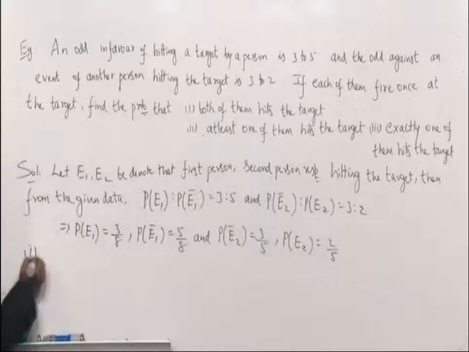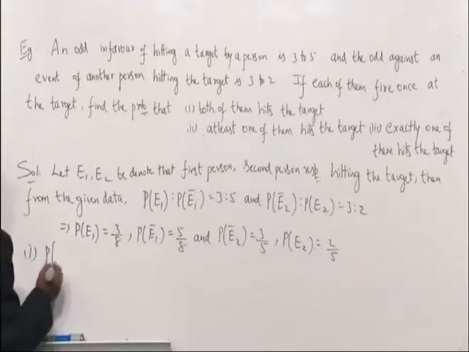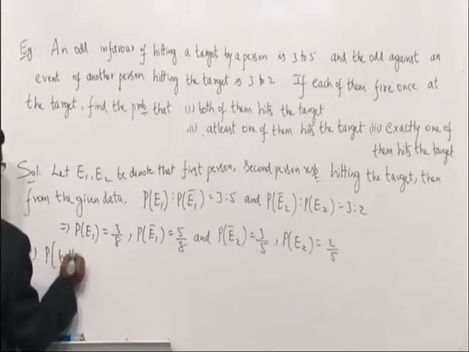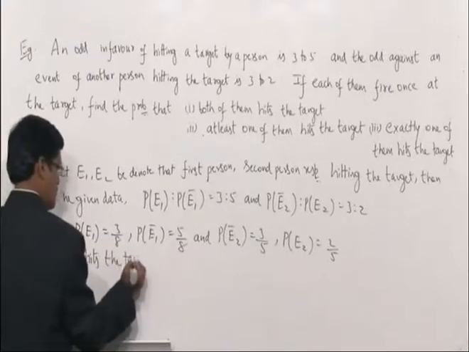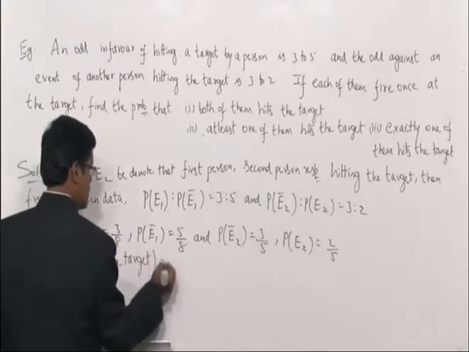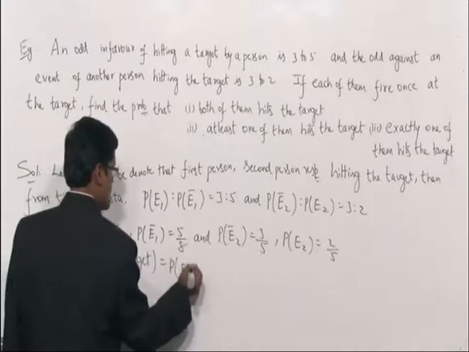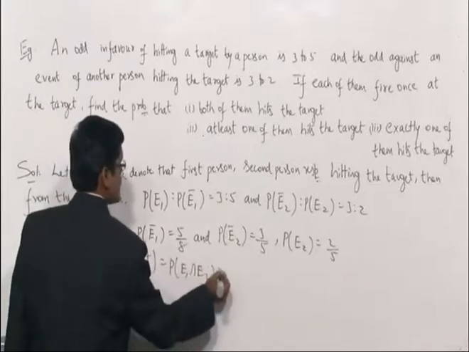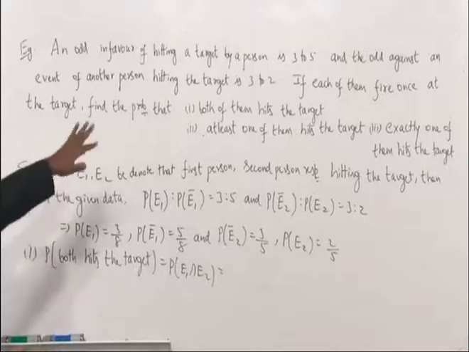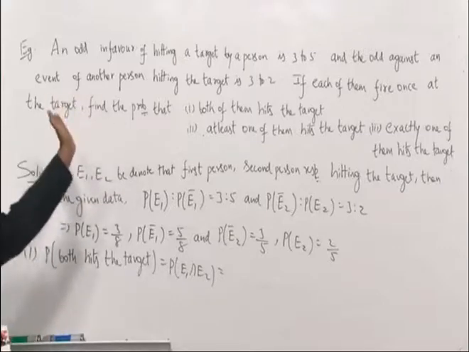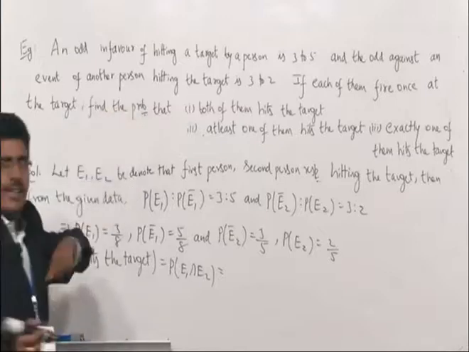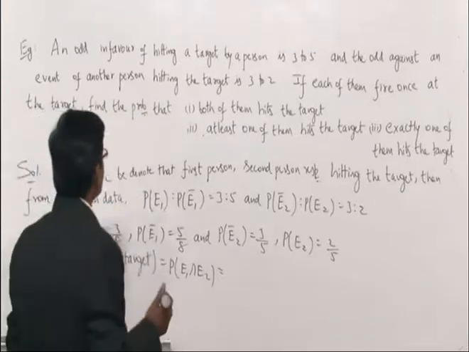First question, probability of both hitting the target. This is nothing but, according to set theory, both means intersection, E1 intersection E2. This type of problem, like a man and woman appearing for an interview, is called independently trying. Independently they are hitting the target, firing once.